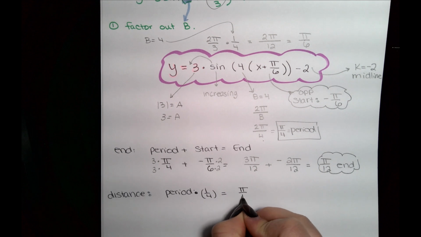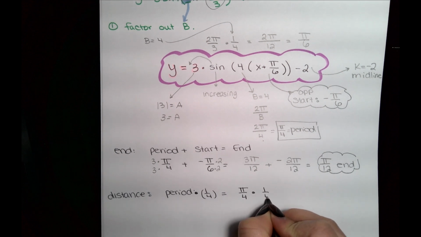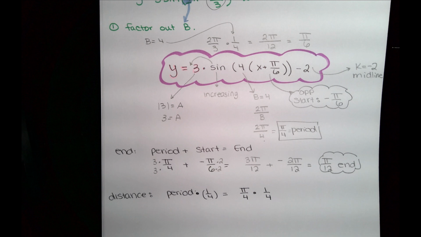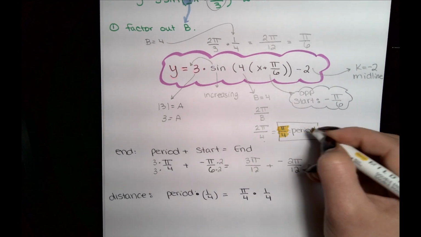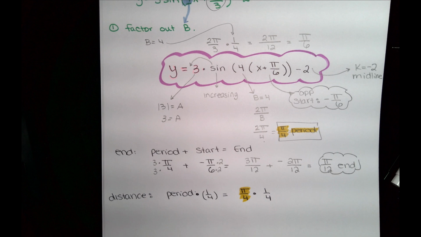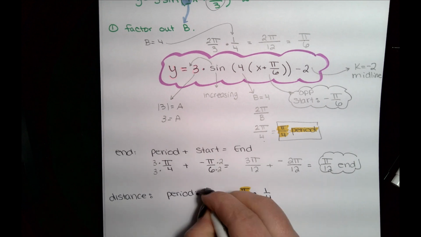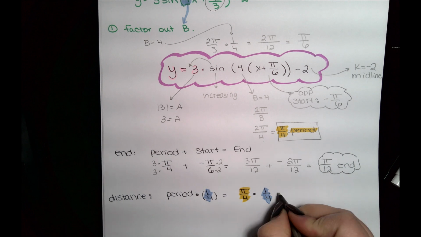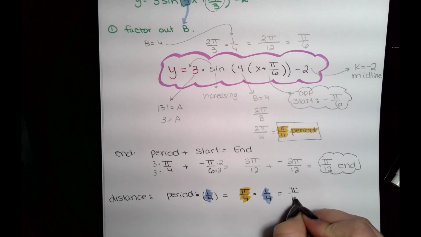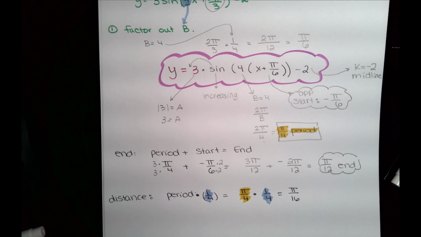Pi fourths times 1/4. Let me color code that because I feel like that's going to get lost. Your period is pi fourths, and then the 1/4 is always 1/4. So we get pi 16ths as our distance.